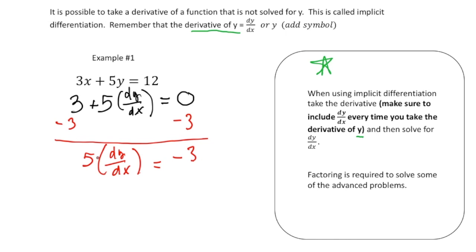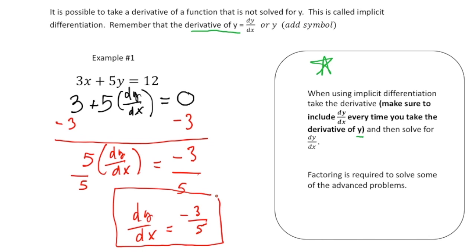The opposite of multiplying by 5 is dividing, so I'm going to divide both sides by 5, and we get dy dx equals negative 3/5. That's what we're looking for, and that's our answer.